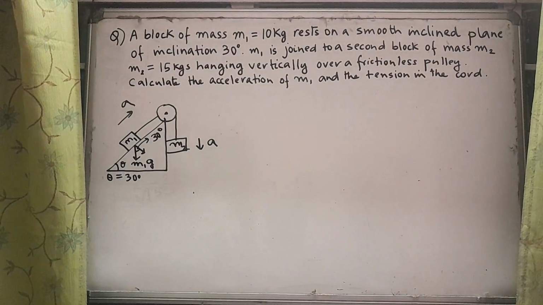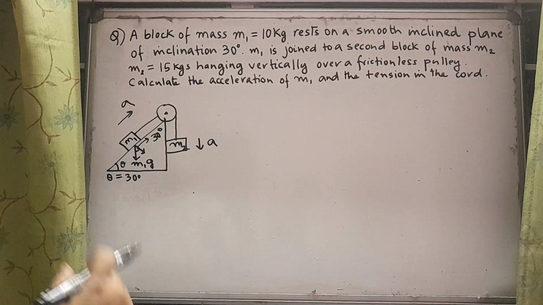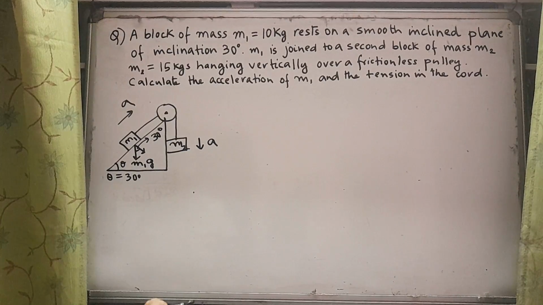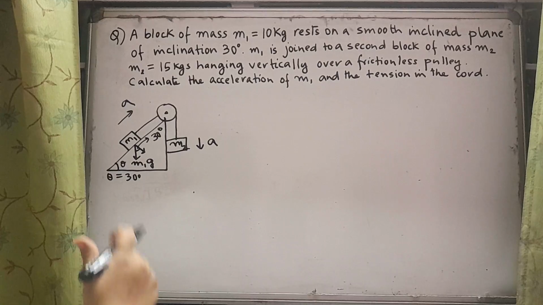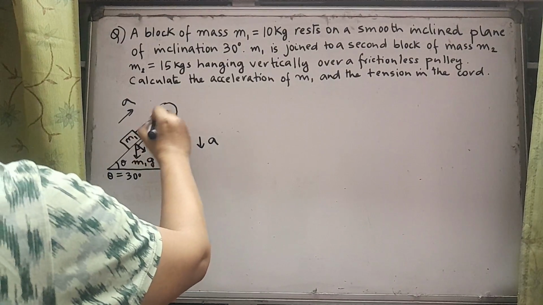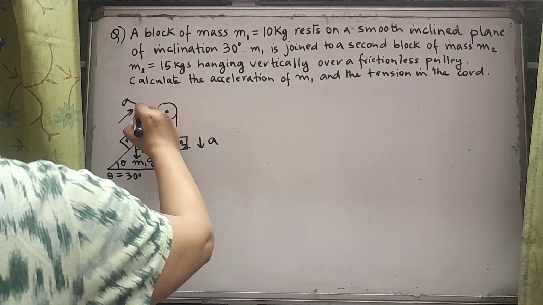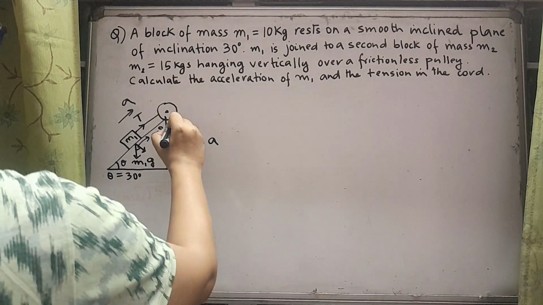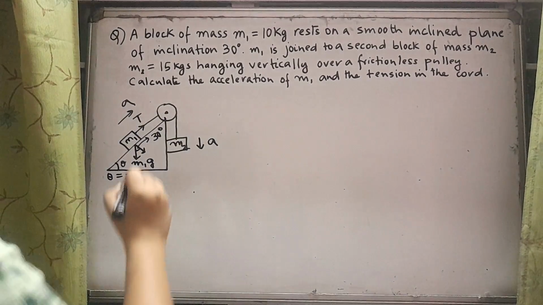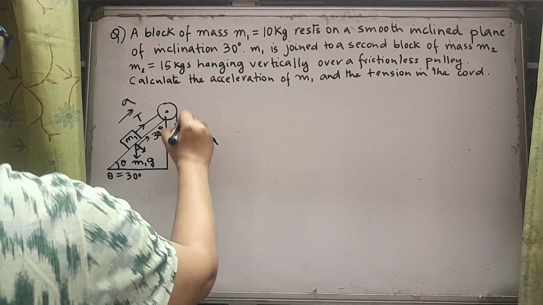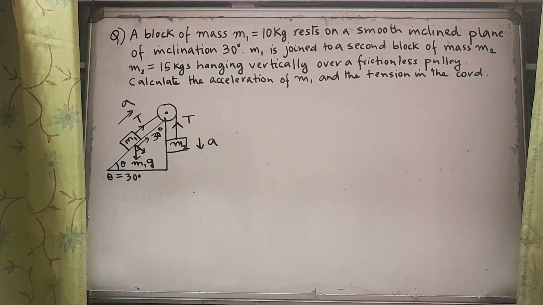And what is tension? Tension is a pulling force which acts away from a body. So here in the string, the pulling force will be in this direction, so this will be the tension. In this body, the pulling force will be in the upward direction, so this will be the tension.